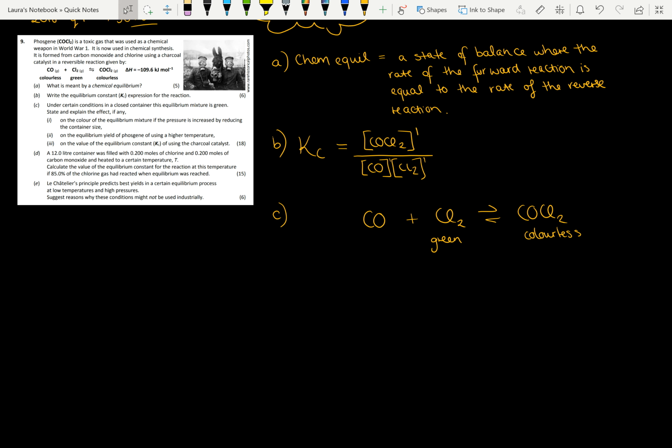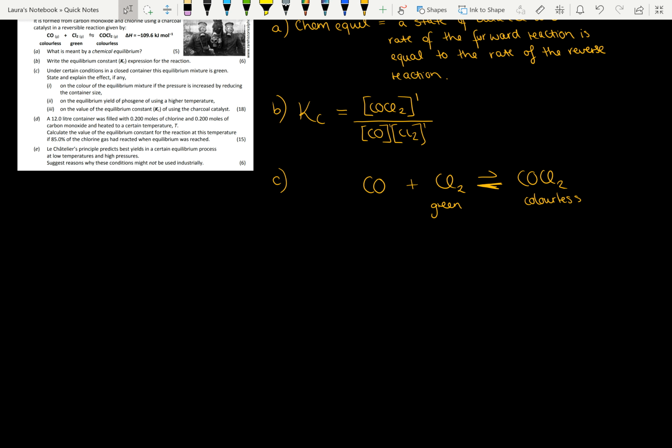So, the first thing that they tell us is that under specific conditions, the mixture is green. Now that means that because our reactant is green, in terms of our equilibrium the reverse reaction is being favored, and we have more of that green reactant than we have of our colorless product.